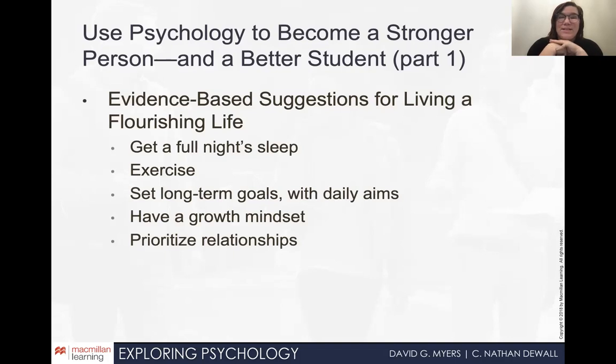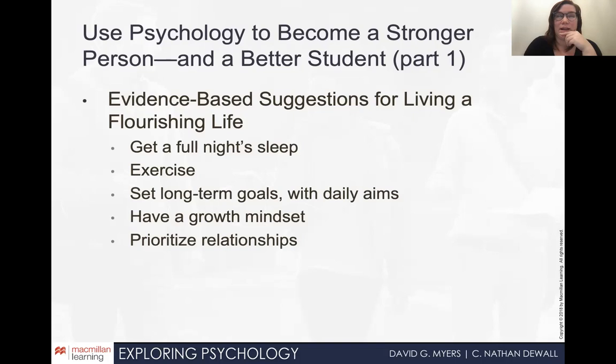So some evidence-based suggestions for living a better life in not only psychological science, but in medical science are to get a full night's sleep, which I know, for high school students and then potentially college students, if you choose to continue your academic careers, is really hard to prioritize, but it is one of the most important things to make sure you are living a healthy life.